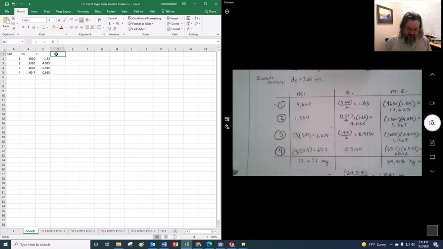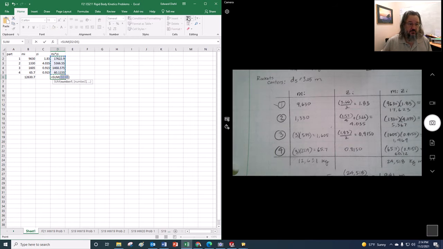And now here's the MI times ZI, right? So I'll set that and go boom, that times that. And I can just drag this down, so all of them are there. I can also hit the summation button and get the sum right here, and here I'll do it again.